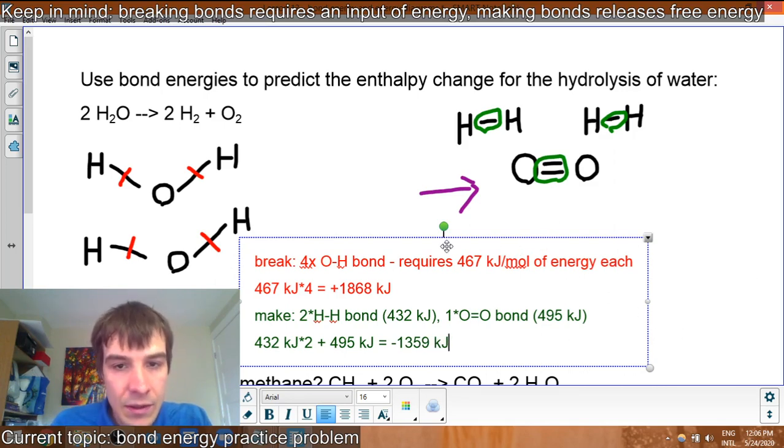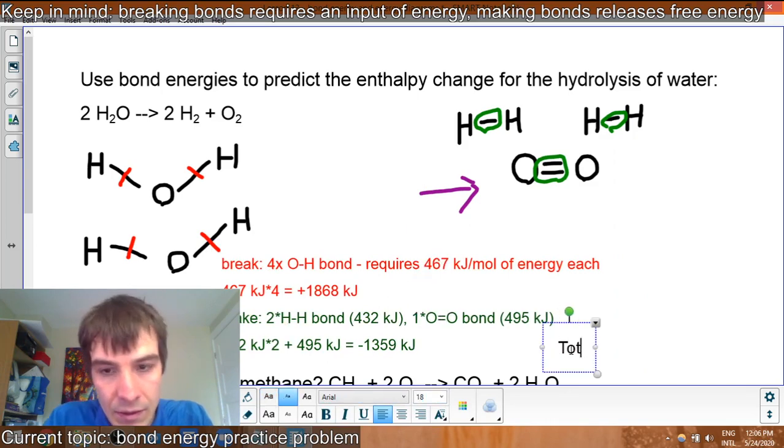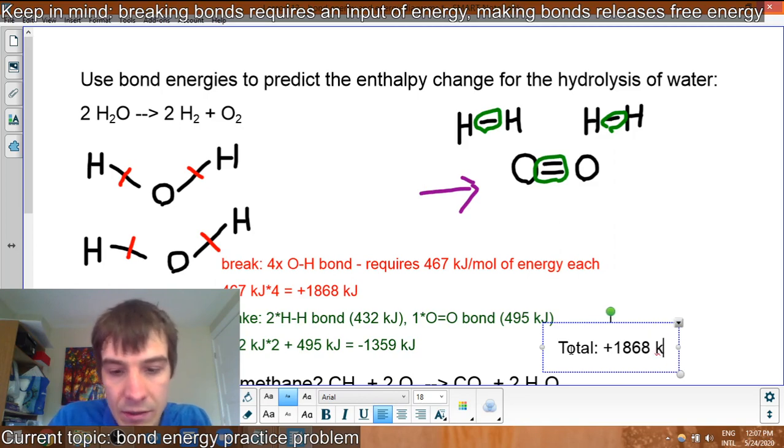And then the total here is going to be, the total, we are putting in 1,868 kilojoules.